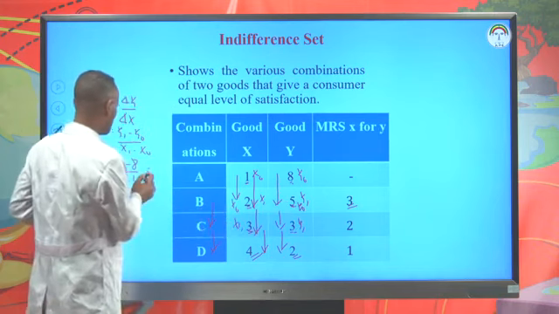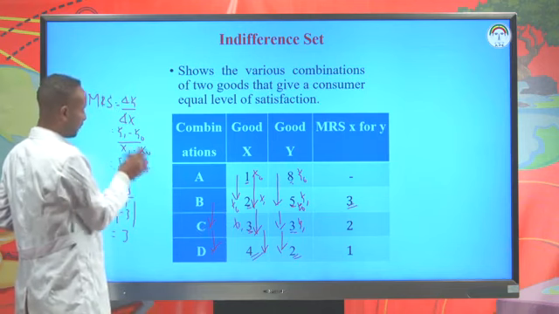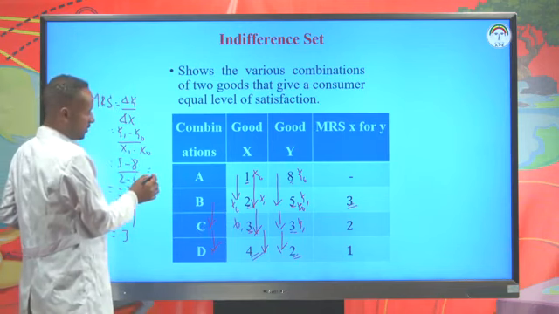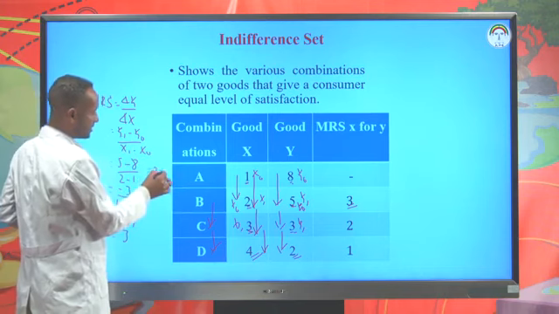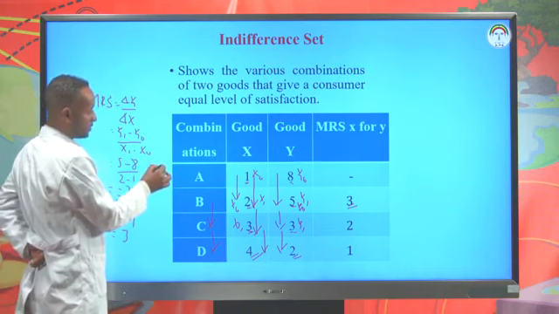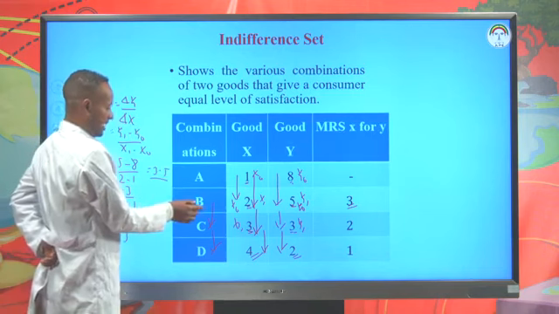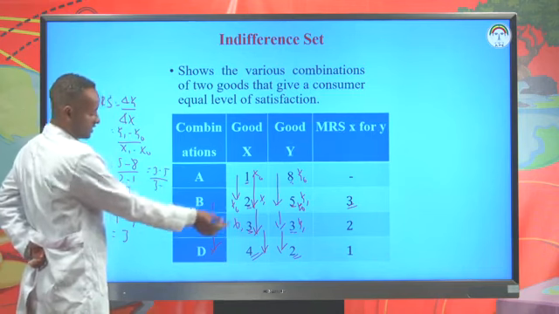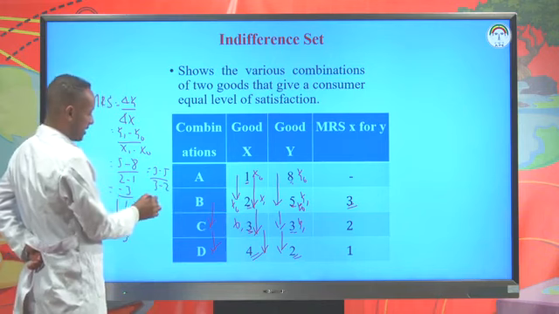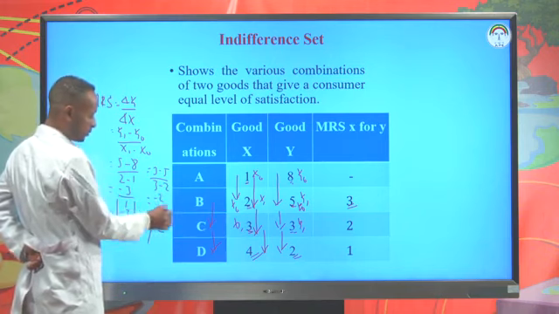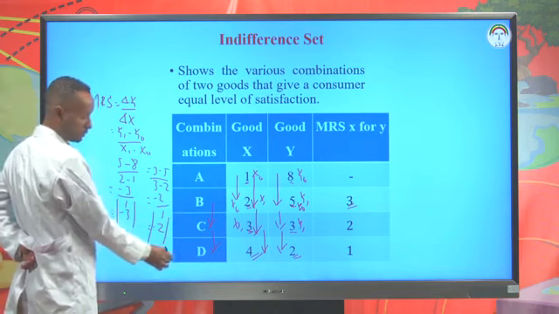Then when we substitute on this formula, the value of Y final is 3 minus the value of Y initial is 5, divided by the value of X final is 3 minus X initial is 2, which is minus 2 over 1, and then this is minus 2. Then when we put it out of absolute value, we are left with 2.